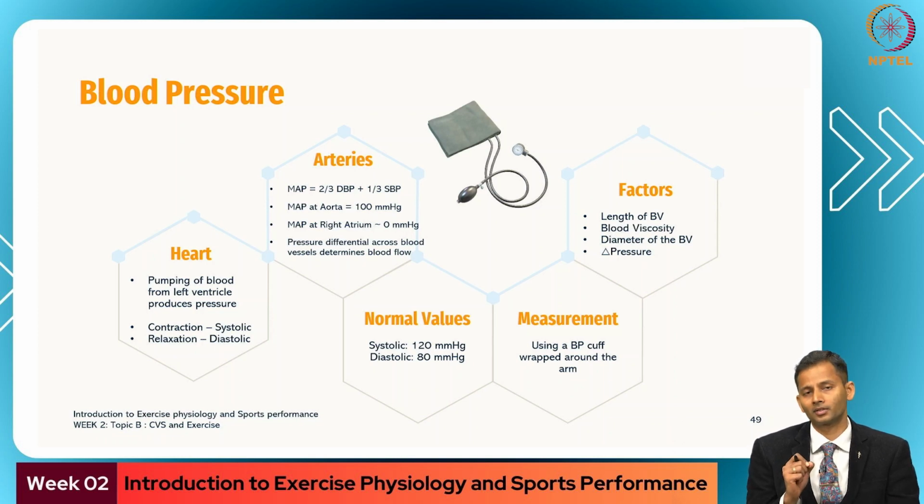The mean arterial pressure at the aorta is about 100, which is the maximum, and the minimum can go down to 0 when measured at the right atrium.